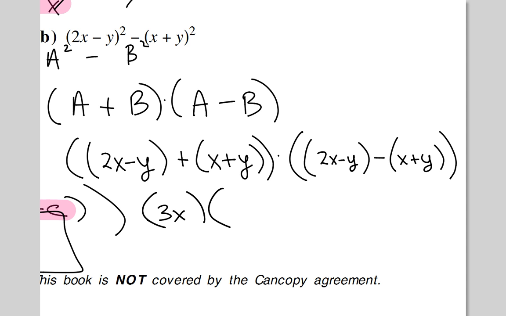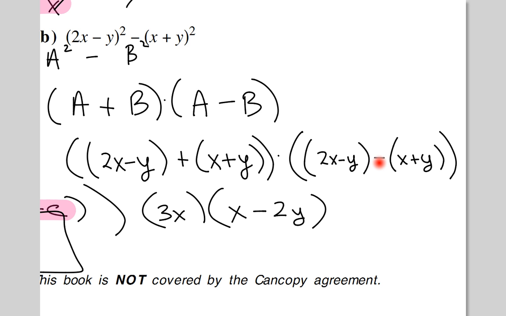A 2x and then a minus x gives us 1x, and then a minus y gives us a minus 2y. Okay, this one's way harder than this one because this is a plus, this is a minus. Minus outside of a bracket, you need to distribute in that minus. 2x minus 1x, 1x.